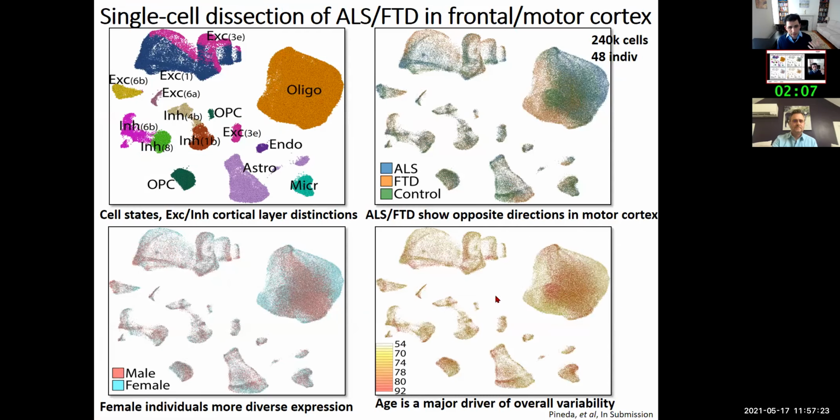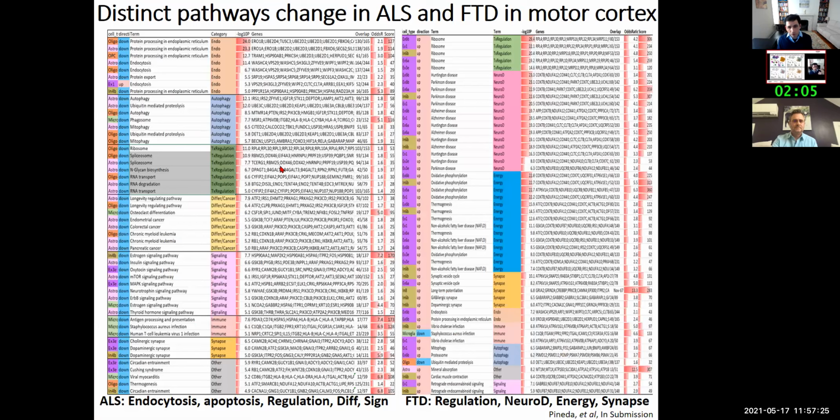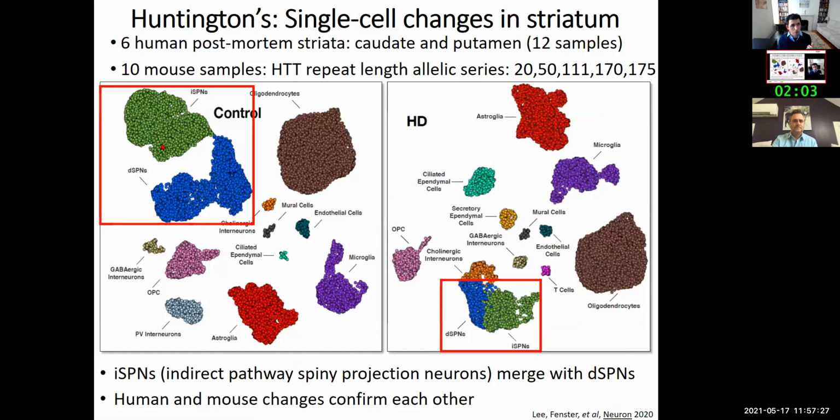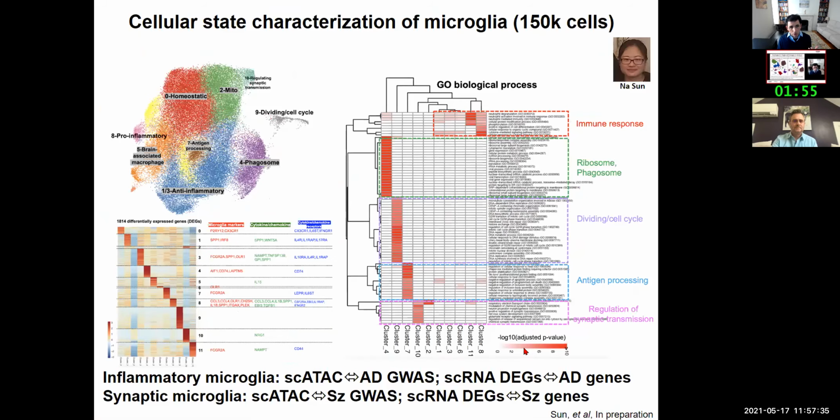We've done this for ALS and FTD, and we find very common pathways and very similar signatures. For Huntington's disease, we're finding cell types that lose their identity between direct and indirect pathways, spiny projection neurons.